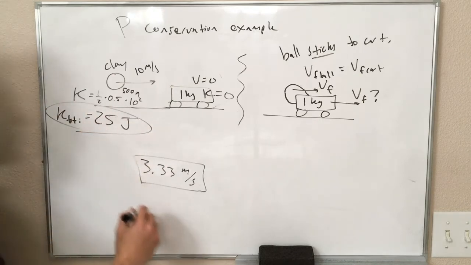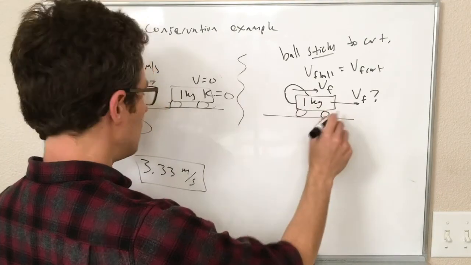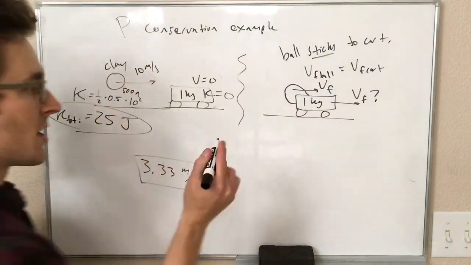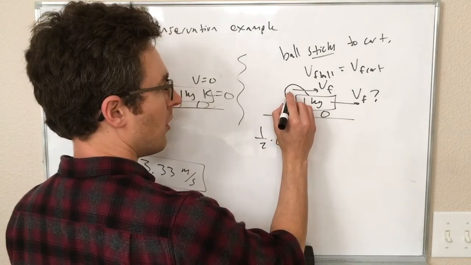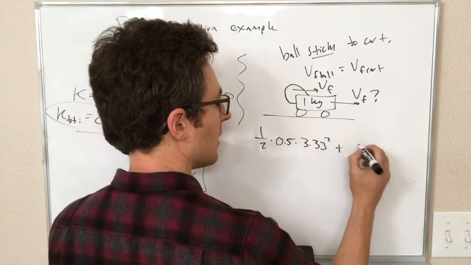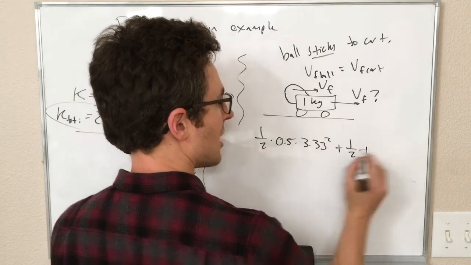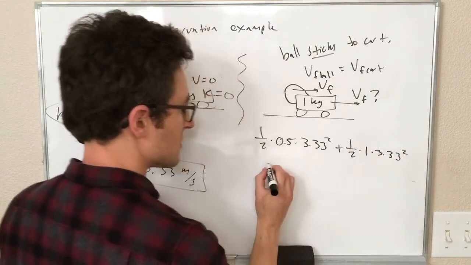So this is the initial kinetic energy. At the end here, we have two objects, both moving at 3.33 meters per second. So we have 1/2 times m of the ball times v squared plus 1/2 times m of the cart times v squared.